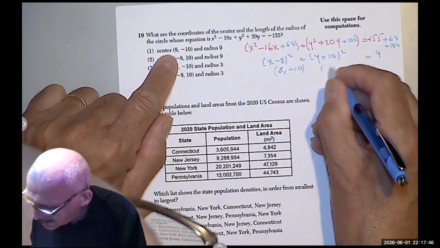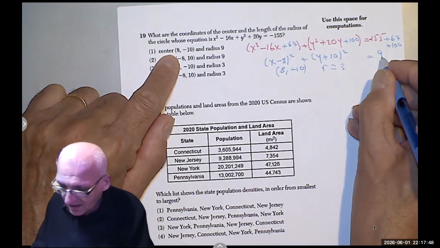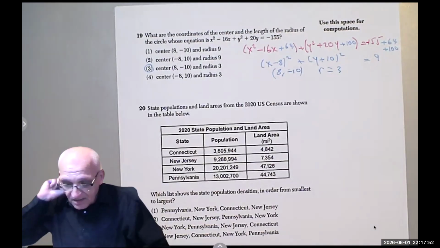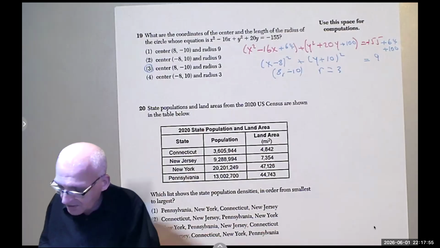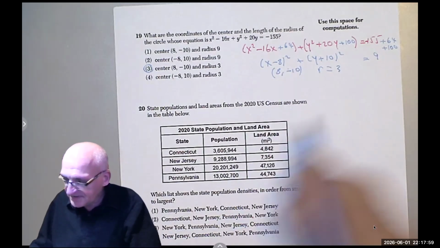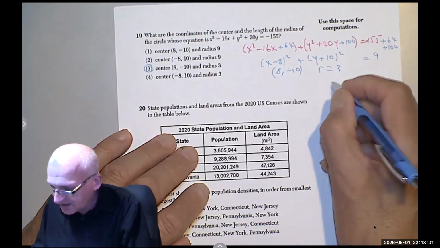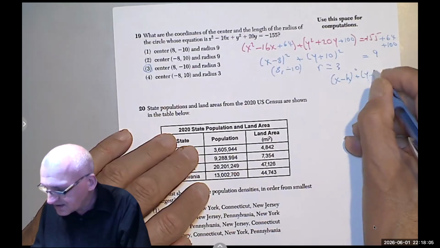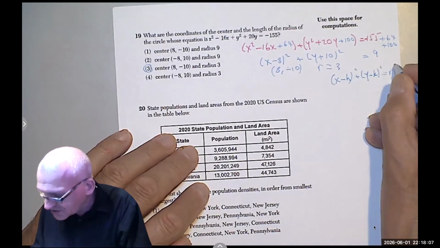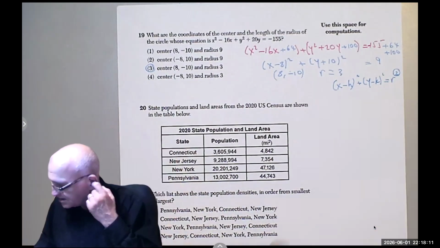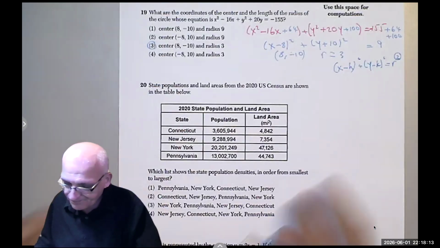And the radius is the square root of that because that's r squared. So the correct answer would be 3, not 2, not 1. Okay, so it's 8 and negative 10, but be careful. It's x minus h squared plus y minus k squared equals r squared, not r. Again, I've seen this error committed many times.